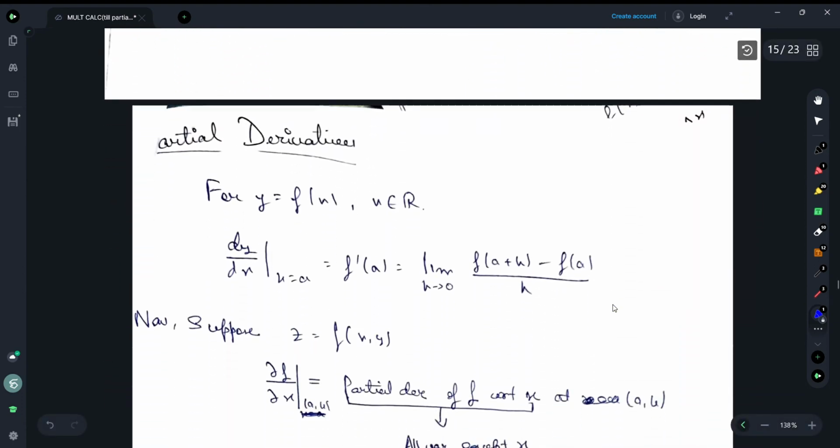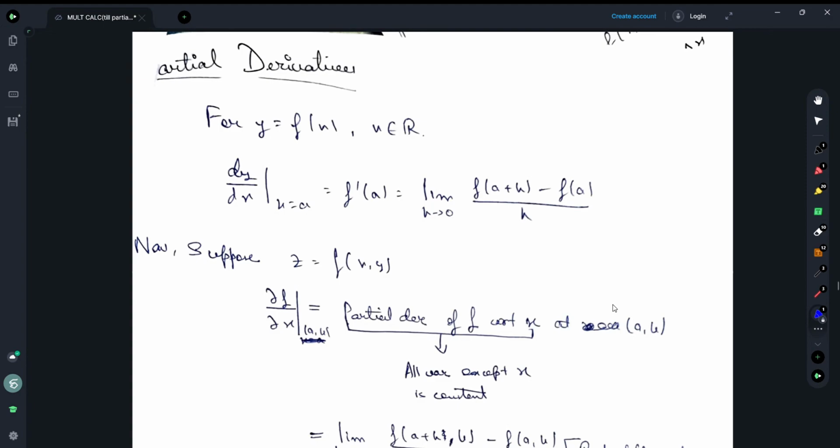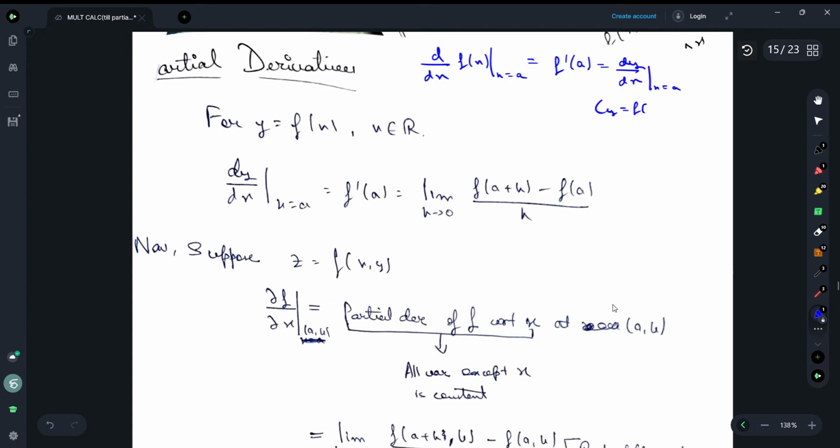Now we come to the concept of partial derivatives. What is the concept of partial derivatives? In the case of a single variable function, we already knew the concept of derivatives, right? So suppose we write d/dx of f(x) at x equals a, which is also written as f dash a, or dy over dx at x equals a, where y was the function f(x).